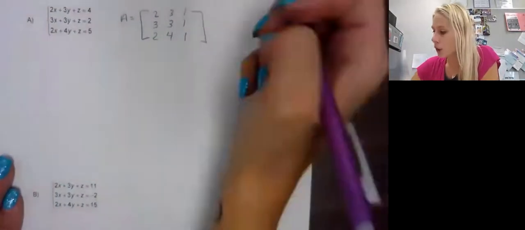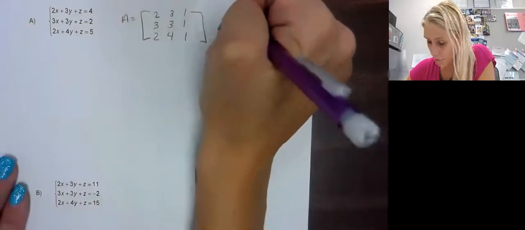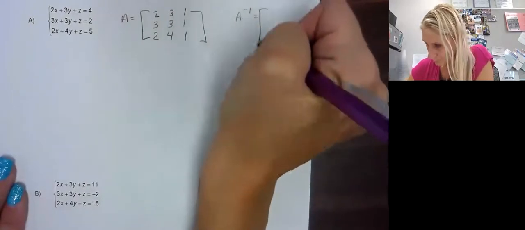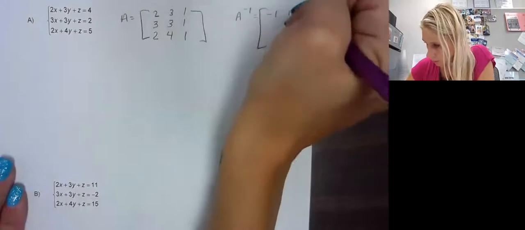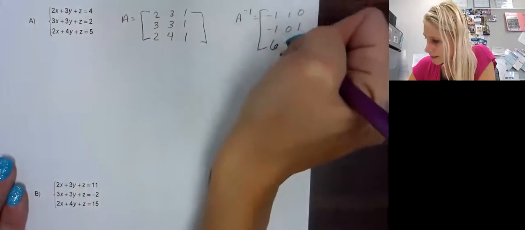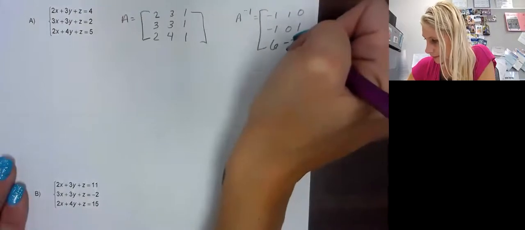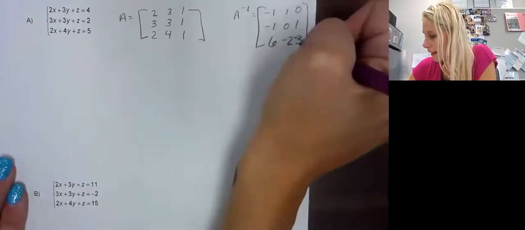We did this earlier and we found that the inverse was negative 1, 1, 0, negative 1, 0, 1, 6, negative 2, and negative 3.